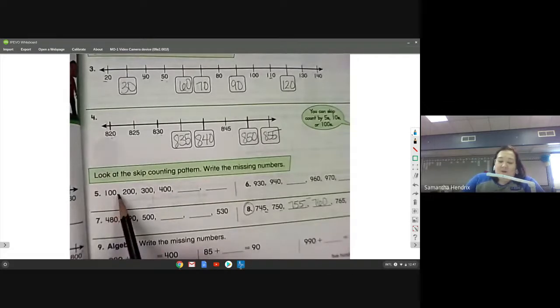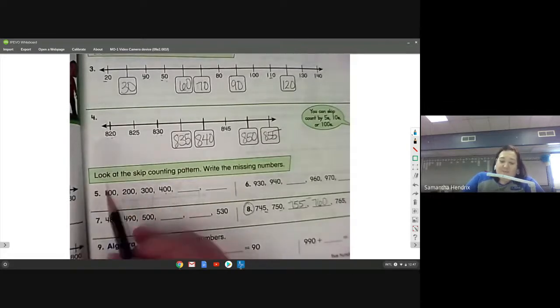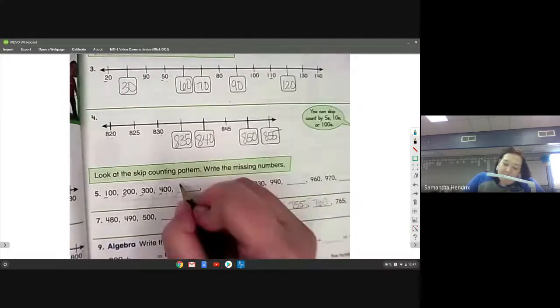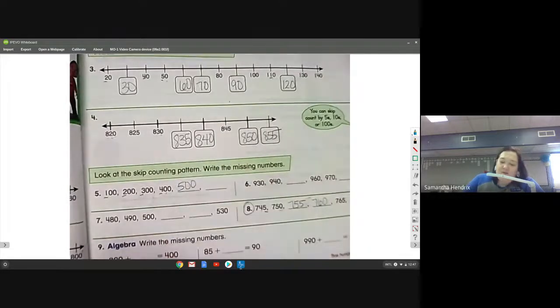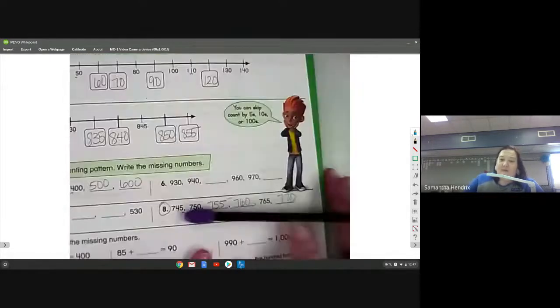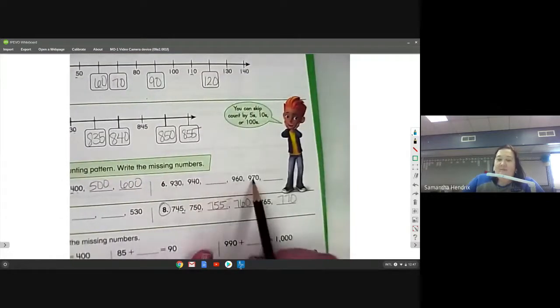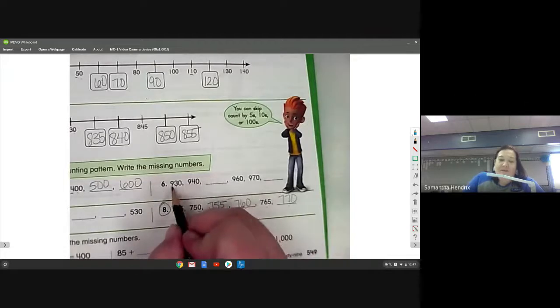So on this one, 100, 200, 300, 400. Our hundreds are increasing by 1. So 1, 2, 3, 4, 500, 600. Okay? Let's look over here. 930, 940, blank, 960, 970, blank. Hundreds are the same and our ones are the same.